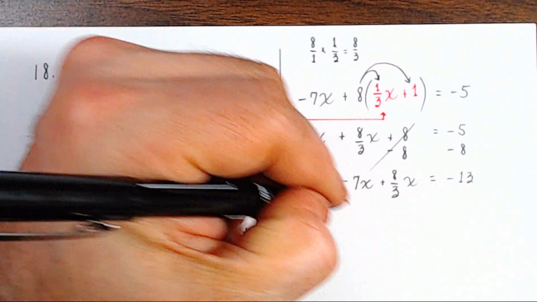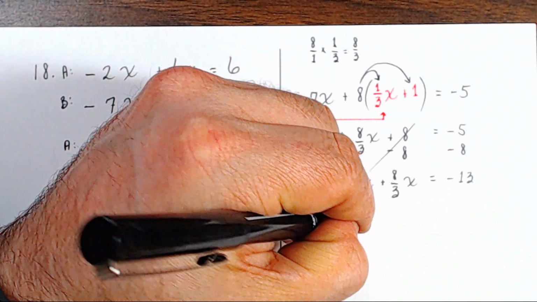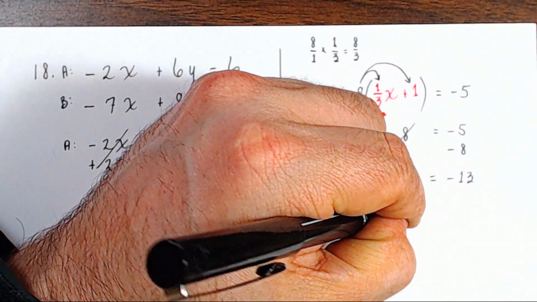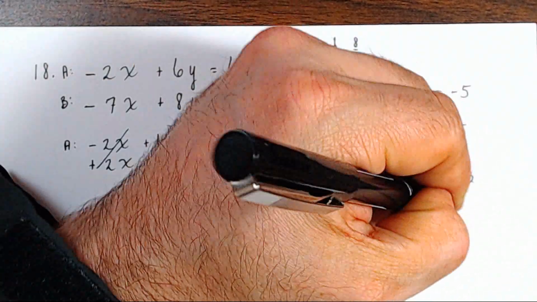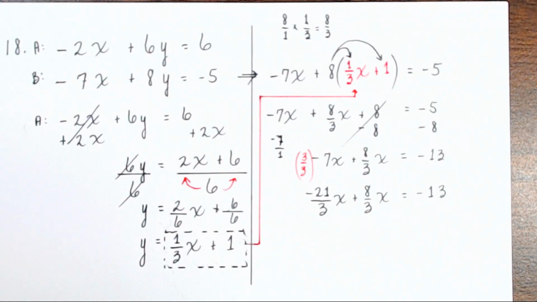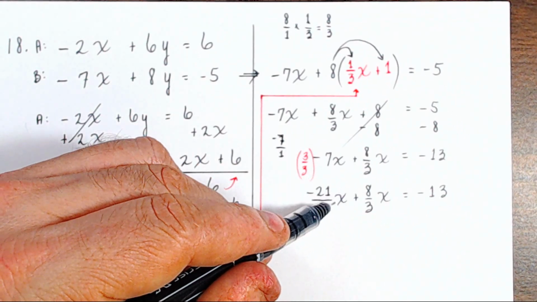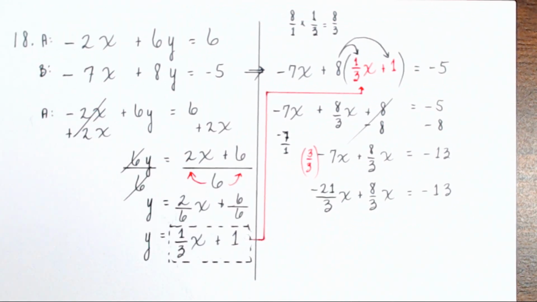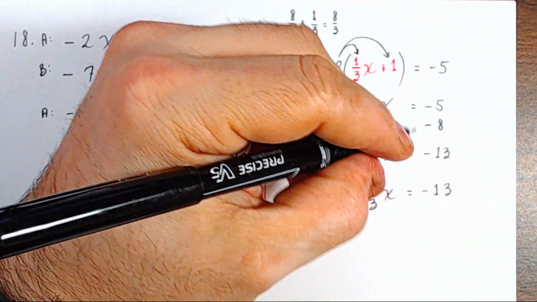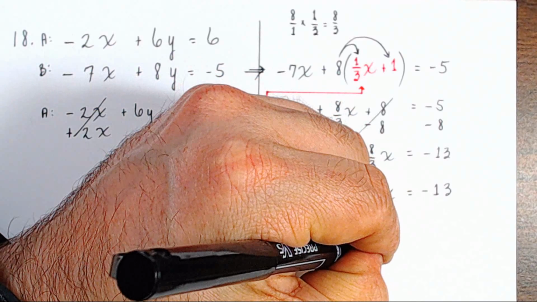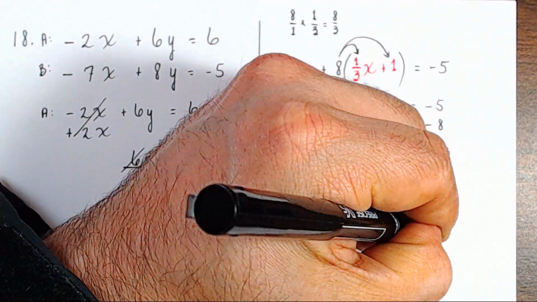Negative 21. Negative 21 over 3x plus 8 over 3x equals negative 13. We are so super close. So now we can add these coefficients, now that they have common denominators. So what's negative 21 plus 8? Negative 13. Negative 13 over 3x equals negative 13.